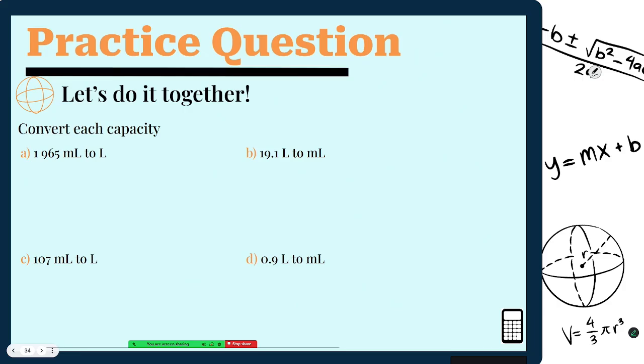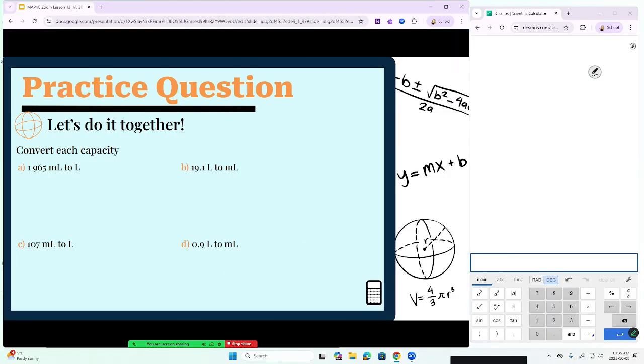Let's practice. Here we have converting each capacity. You can see it's milliliters and liters that we're working with, so we're working within the metric system. That makes it easy for us because we are just using those units based on 10, and we don't have to worry about finding the crossover from imperial to metric.